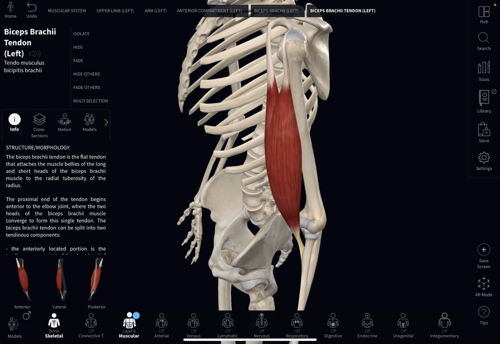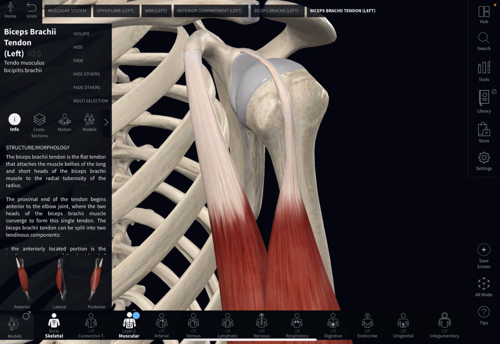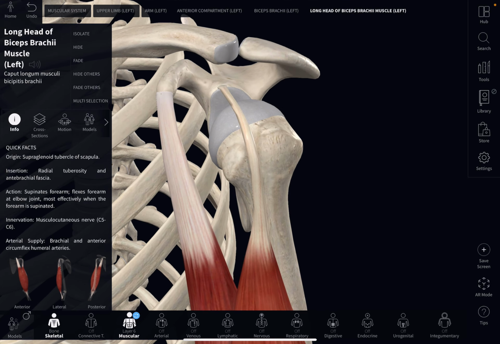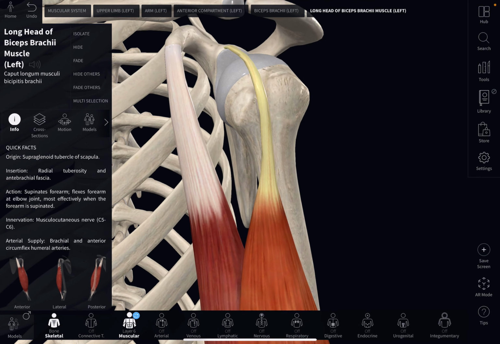Do you see this tendon? This tendon is the long head of biceps brachii. You can see it lies in this groove, the intertubercular sulcus, and that is the reason why it is also known as the bicipital groove.